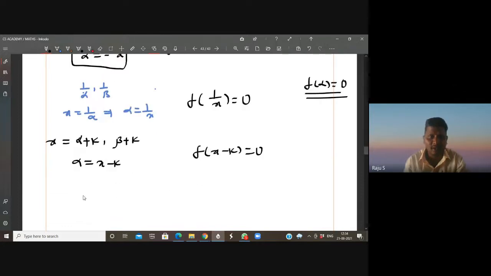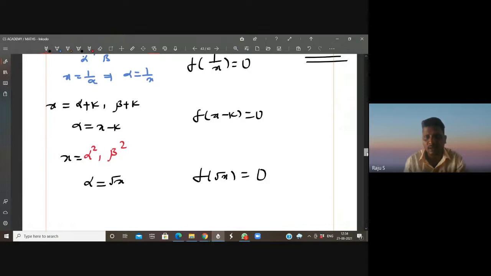Next case, if alpha square, beta square are the roots of which equation? Again, here also the same thing, x is equal to alpha square. Then what is alpha? Root x. So f of root x is equal to 0. That's all.